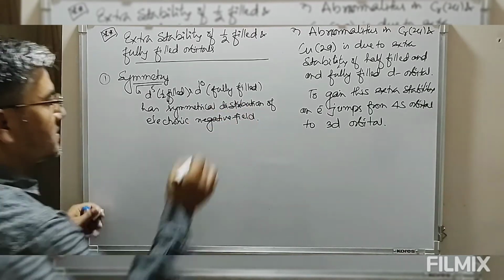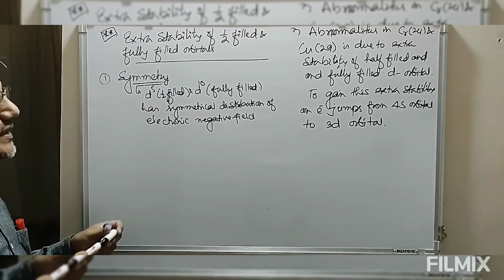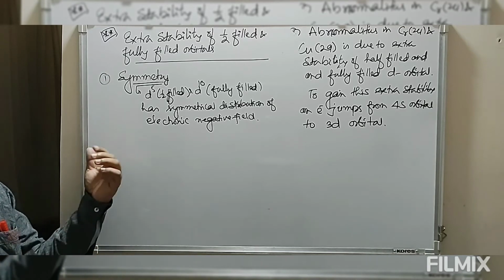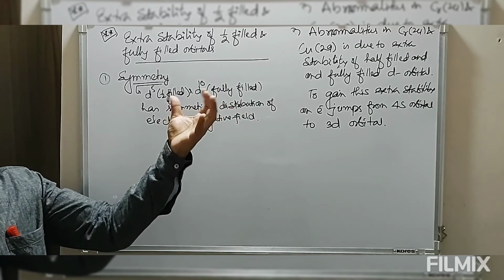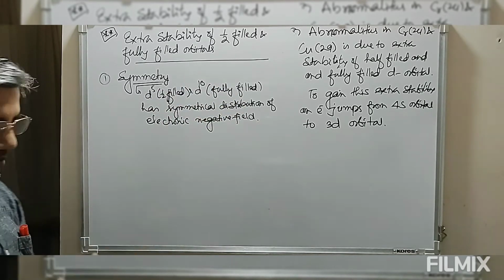Because of this, stabilization takes place when we have half filled d5 and fully filled d10 configuration in case of chromium and copper.